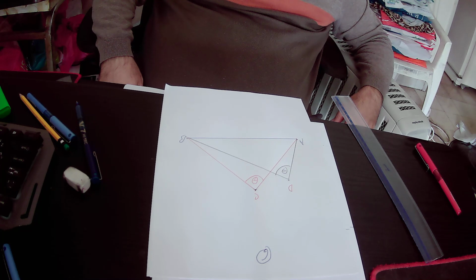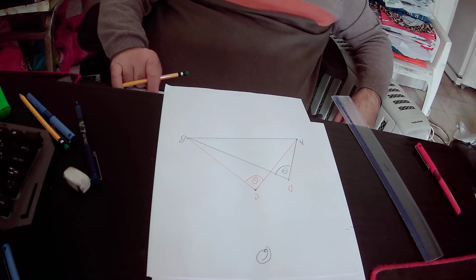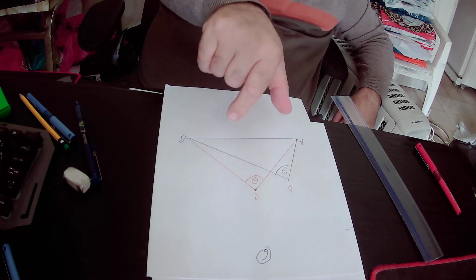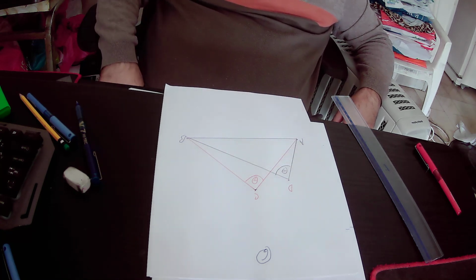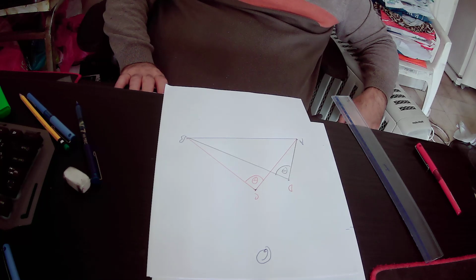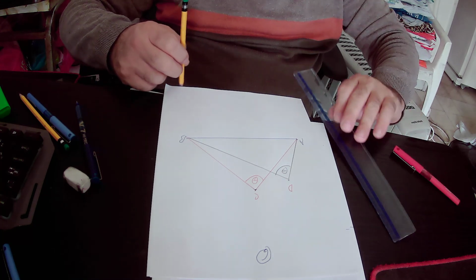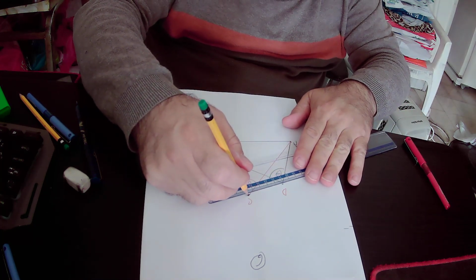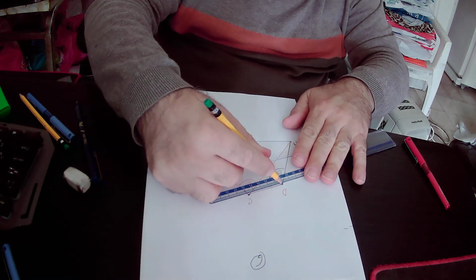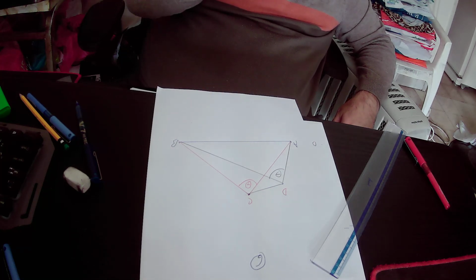Okay, so we have line segment AB, and we also have two equal angles that subtend on line segment AB. So if this is the reality, then according to rule number 2, the quadrilateral ABCD is inscribed by a circle.